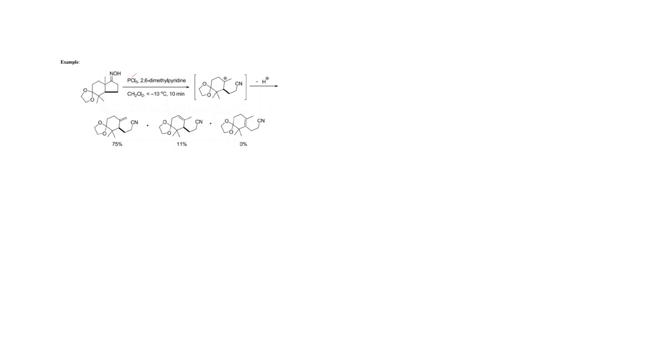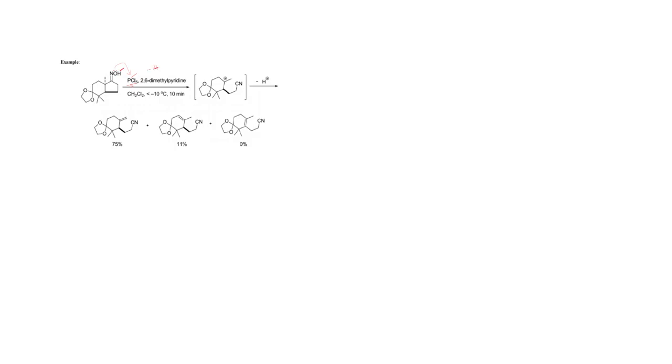If we use protic acid or Lewis acid, in both cases Beckmann rearrangement reaction is feasible. So in this example PCl5 Lewis acid is used, and in this case the OH of the oxime will attack the phosphorus of PCl5, and one of the chlorine atoms will be removed in the form of chloride ion, which will abstract this hydrogen atom, and HCl will be removed.